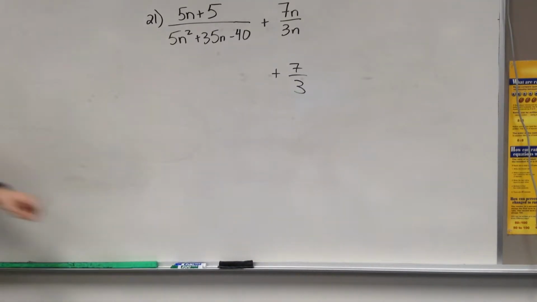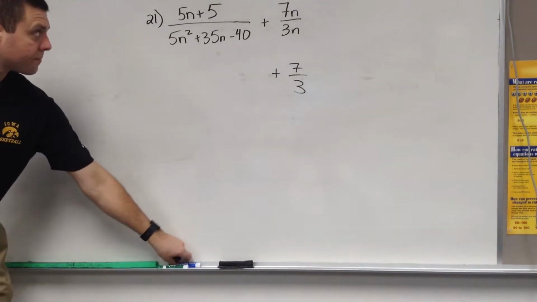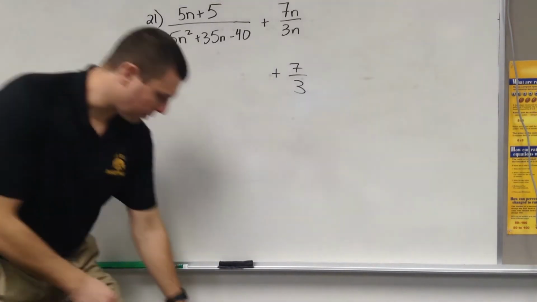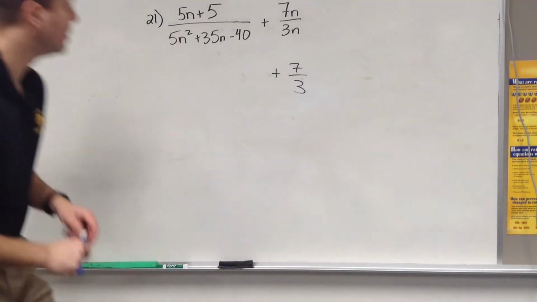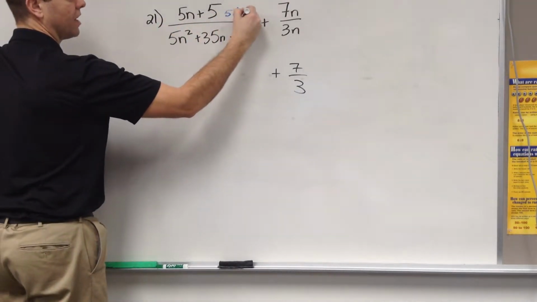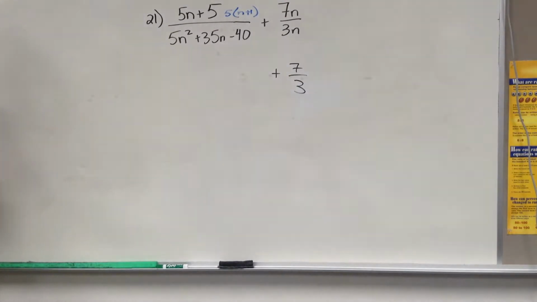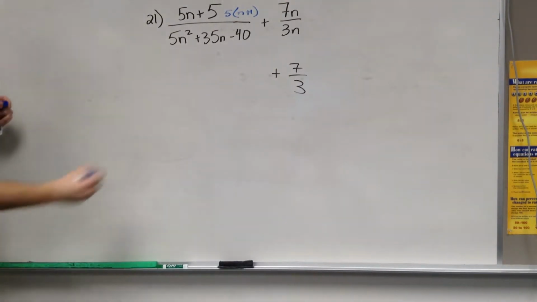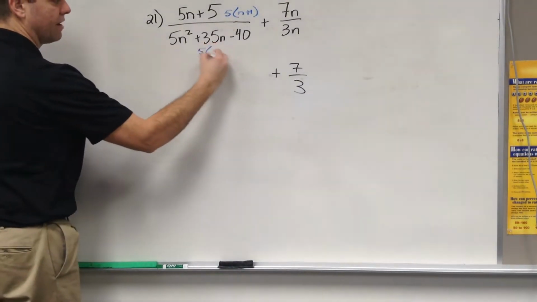Now, on the top, if I were going to factor that, the 5n plus 5 is really 5 times n plus 1. And on the bottom, I could take out a 5.